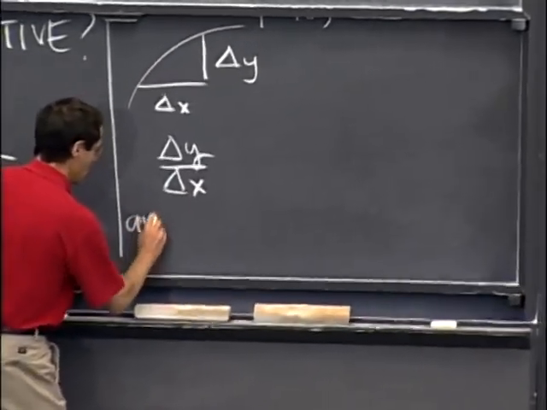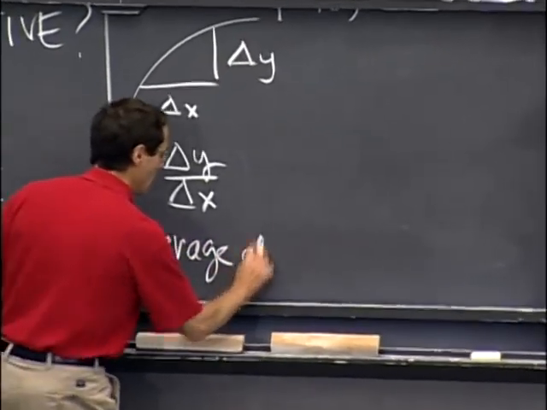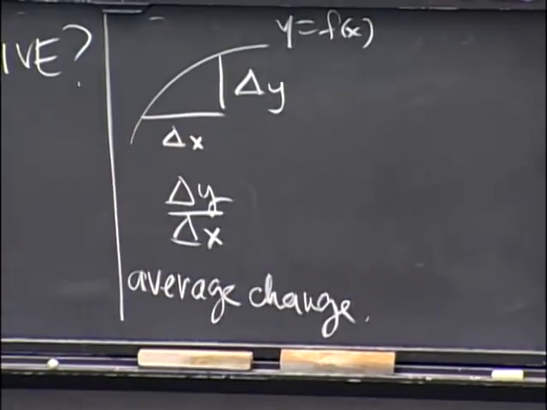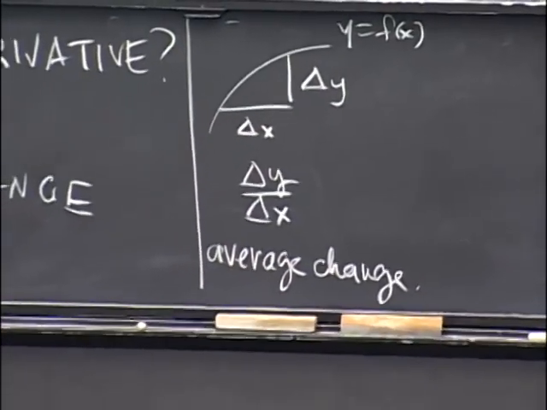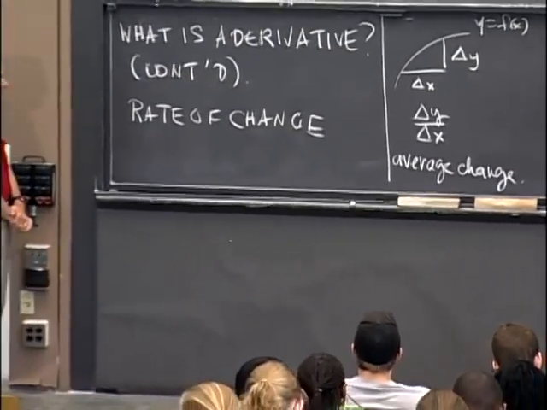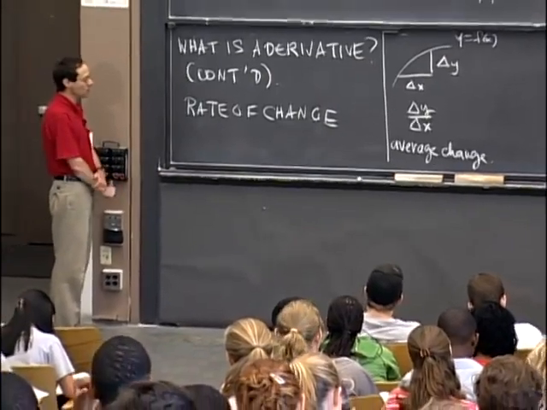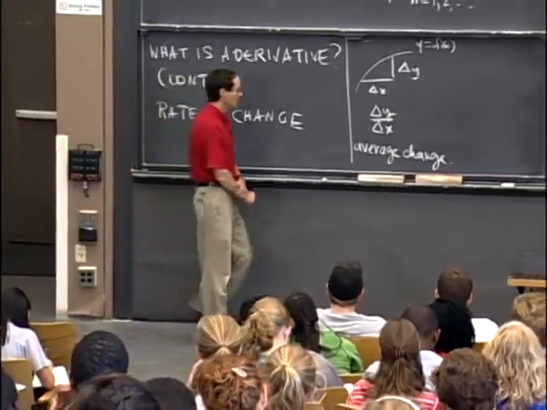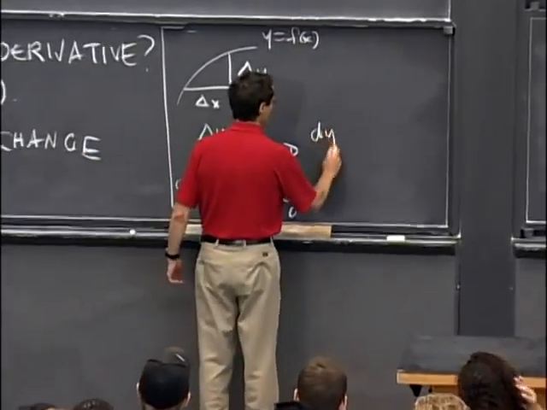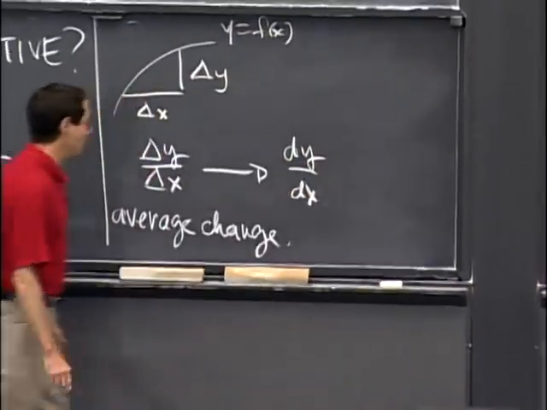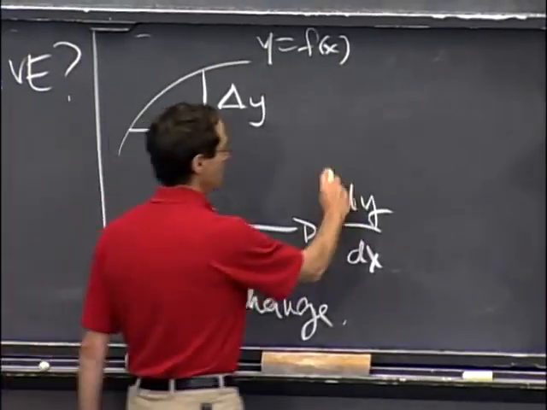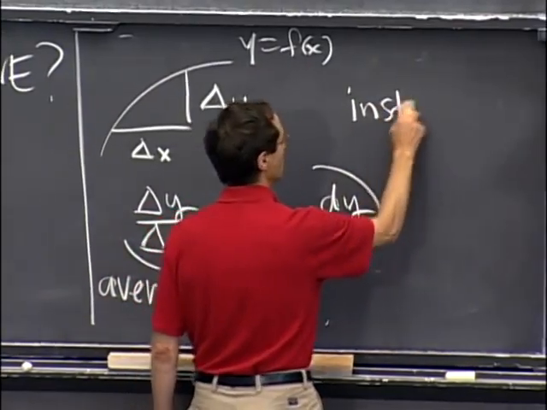This is the average change. Now, usually, we would think of that if x were measuring time, and that's when this becomes a rate. And the average is over the time interval delta x. And then the limiting value is denoted dy dx. So this one is the average rate of change, and this one is the instantaneous rate.